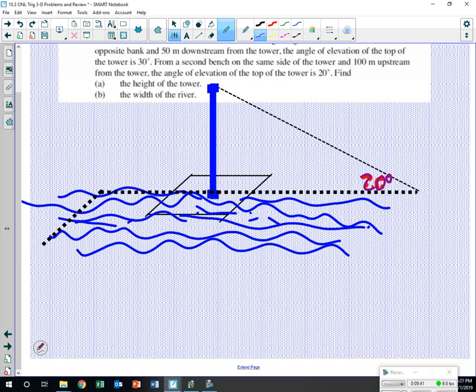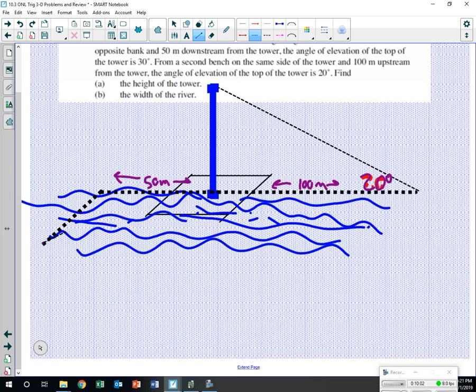20 degrees. And then this was 100 meters upstream. And this was 50 meters downstream. And then when we crossed the river, we had an interesting thing.